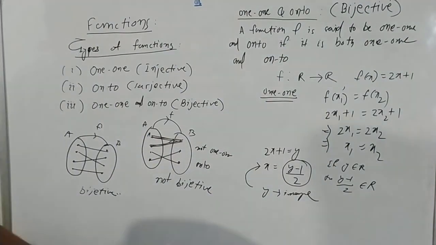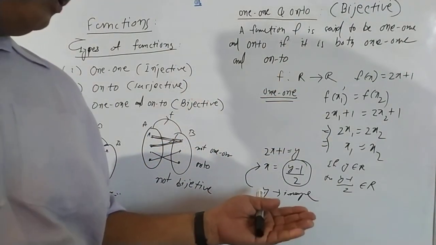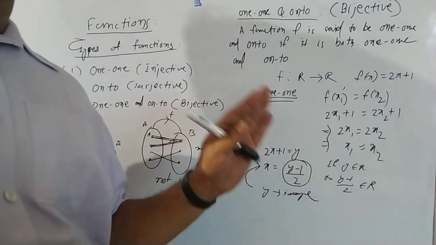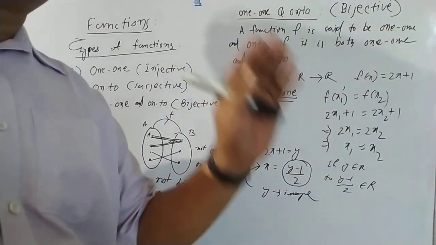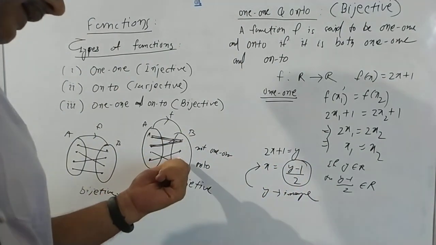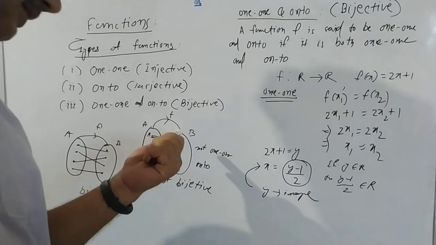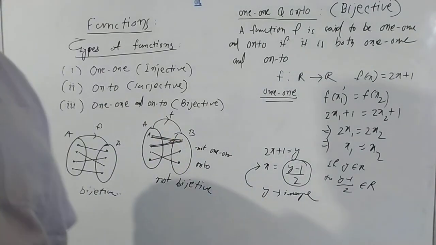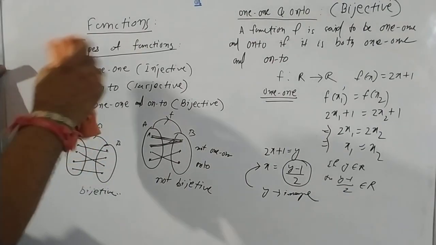So generally for onto you have to take examples. If it is a set of natural numbers to natural numbers, then you take an example of a natural number in this set, and you see whether that is an image of any element in A or not.